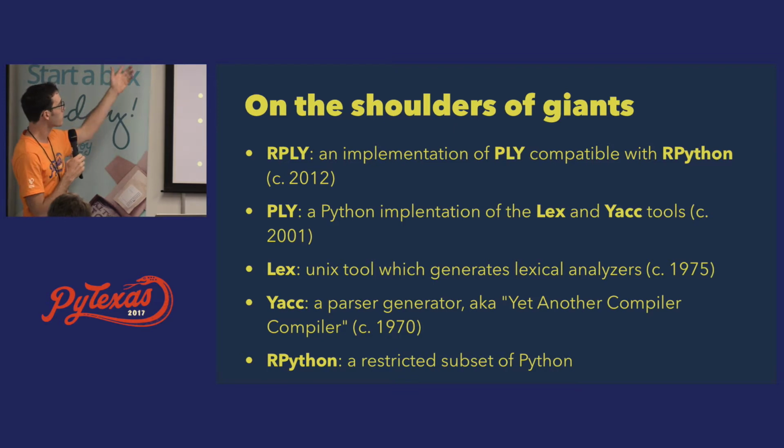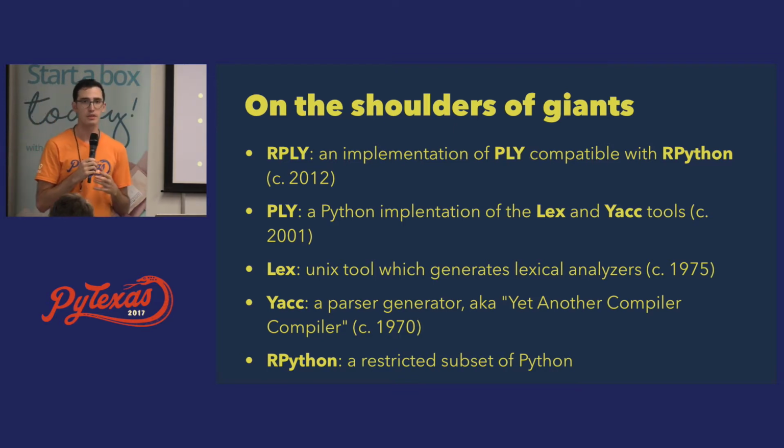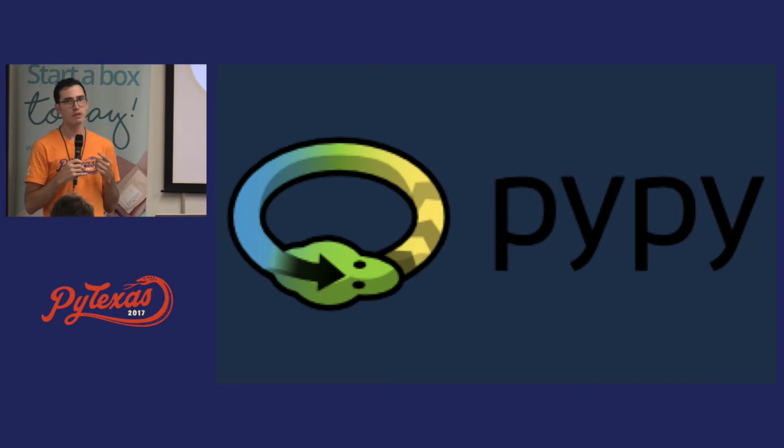RPly is in Python, and it actually runs on RPython, which is a restricted subset of Python. If you haven't heard of RPython, it's probably because it's not used for a whole lot. It's mostly used for producing implementations of languages like Python. Python is a language, and it's interpreted by a type of interpreter. You might have heard of CPython, or IronPython, which runs on the JVM.